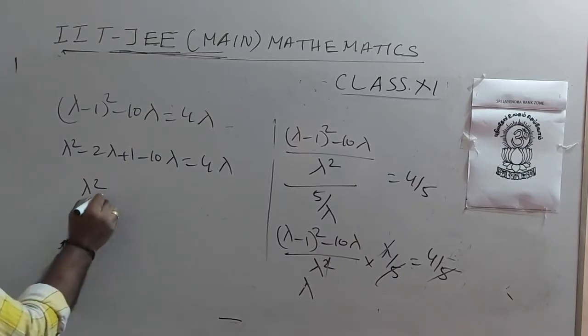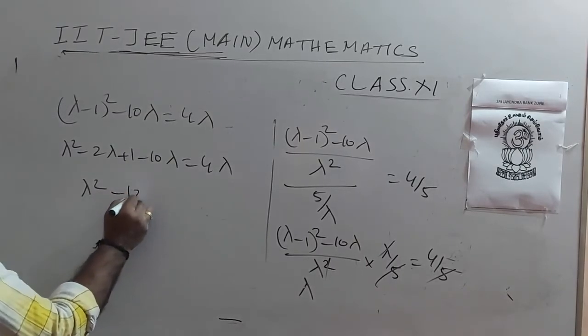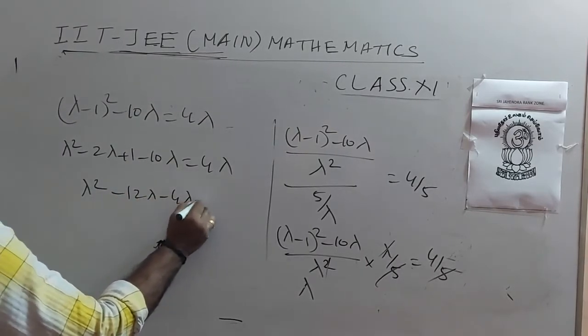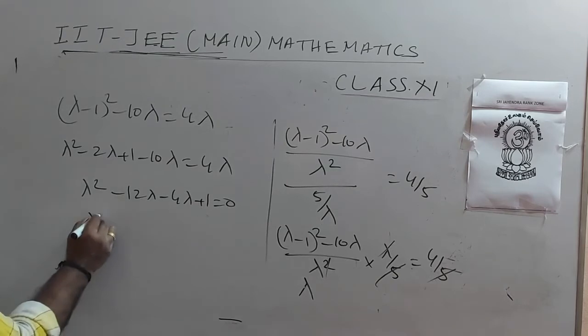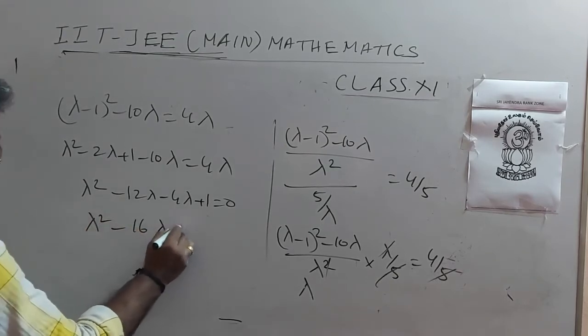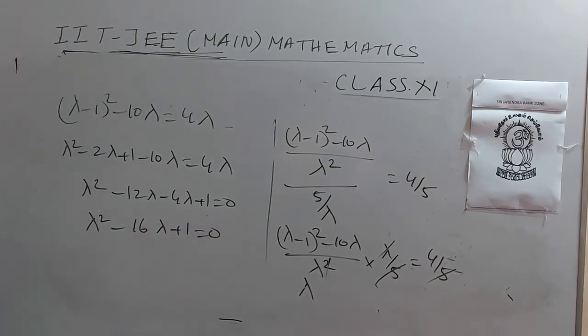Lambda squared minus 12 lambda minus 4 lambda plus 1 equal to 0. Lambda square minus 16 lambda plus 1 equal to 0.